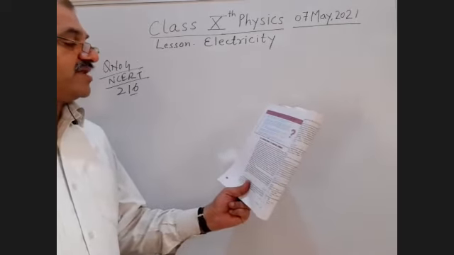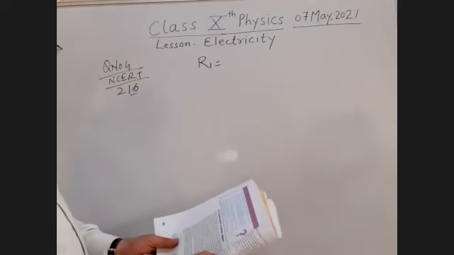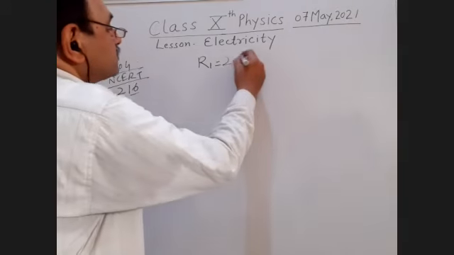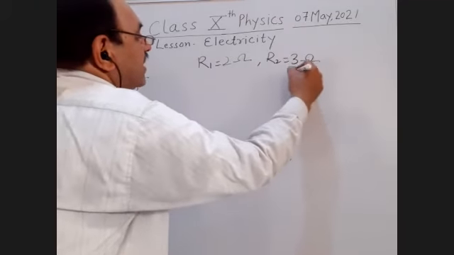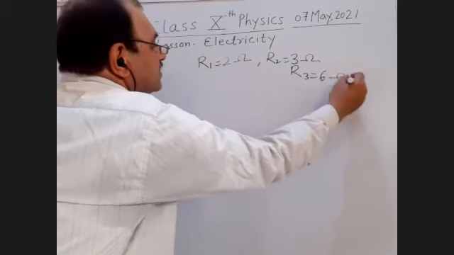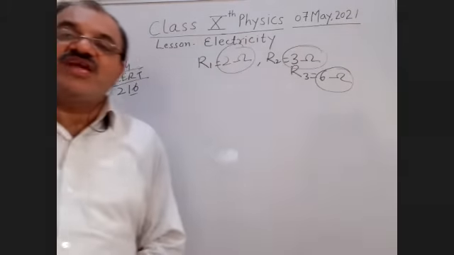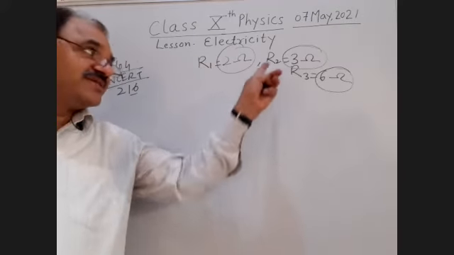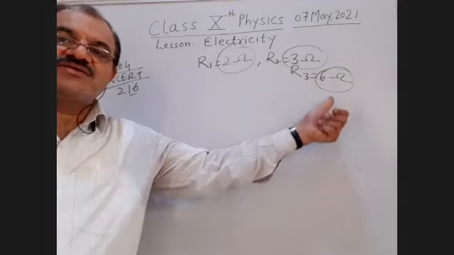How can the 3 resistances, 2 ohm, 3 ohm, 6 ohm, be connected? R1 is given as 2 ohm, R2 is given as 3 ohm, and R3 is given as 6 ohm. Is it clear, students? The 3 resistances are given: one of 2 ohm, the second of 3 ohm, and the third of 6 ohm.